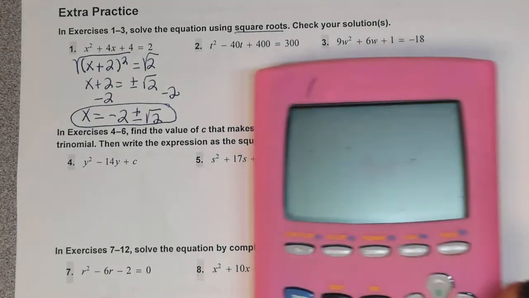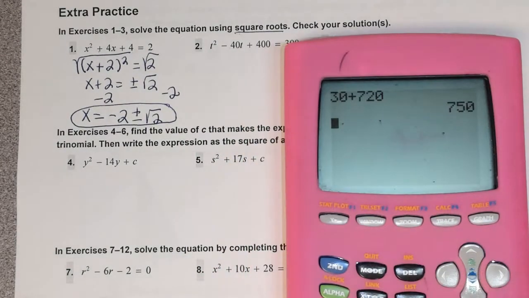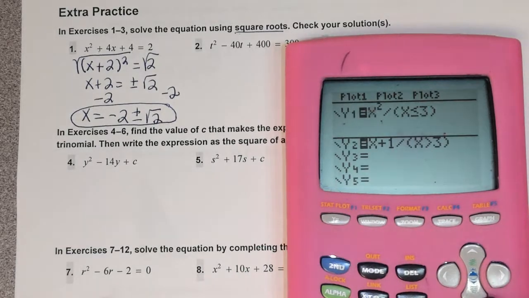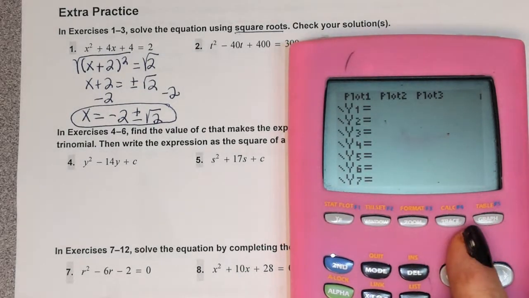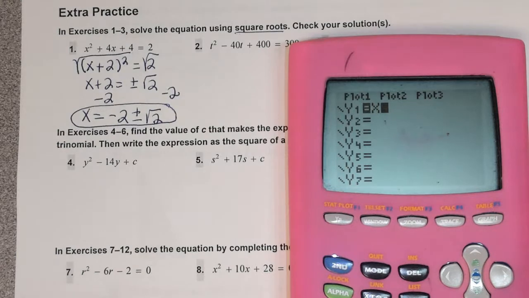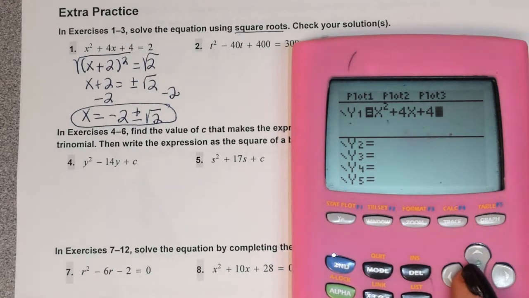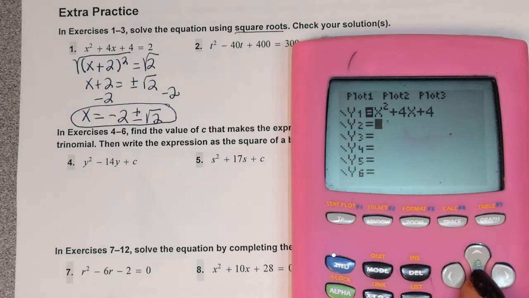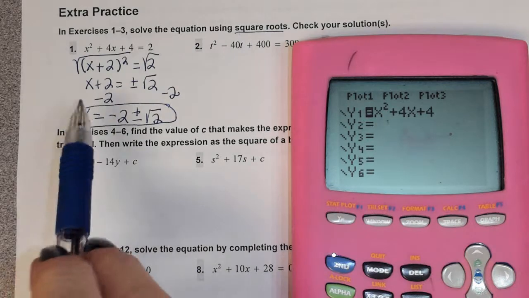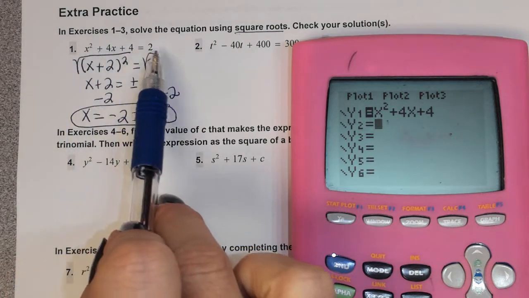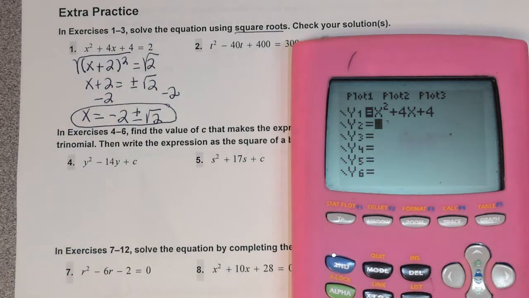I want to show you how this could be checked. If I had gone to y equals, and I put in x squared plus 4x plus 4 into y1, what am I going to put into y2? Just 2.